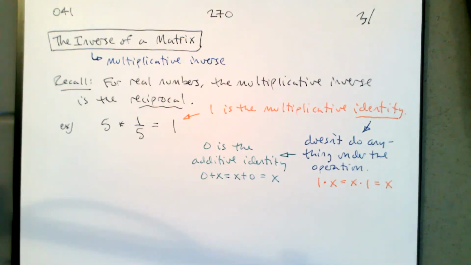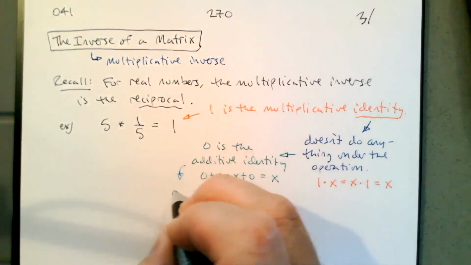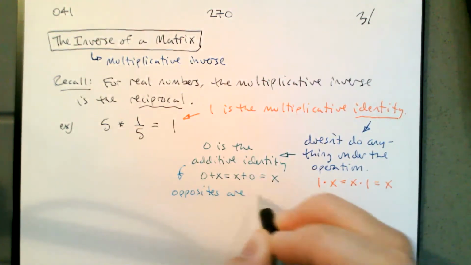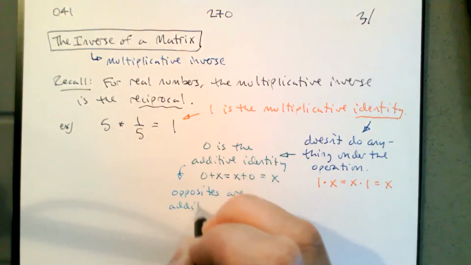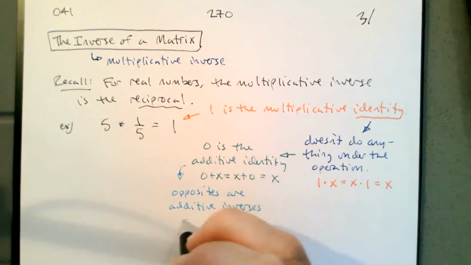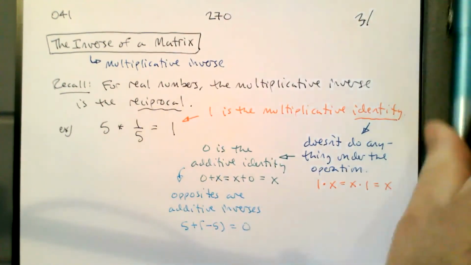Since additive identities have come up, additive inverses are opposites. So 5 plus a negative 5 is equal to 0.